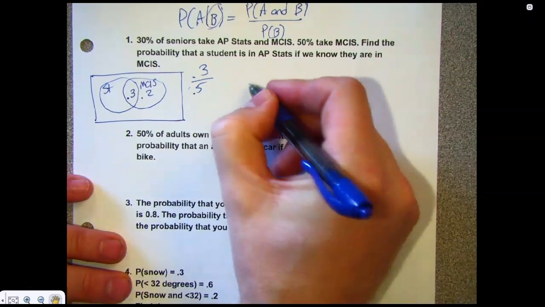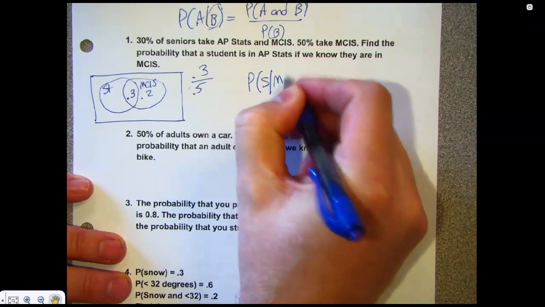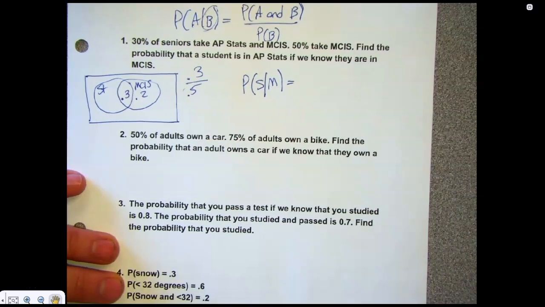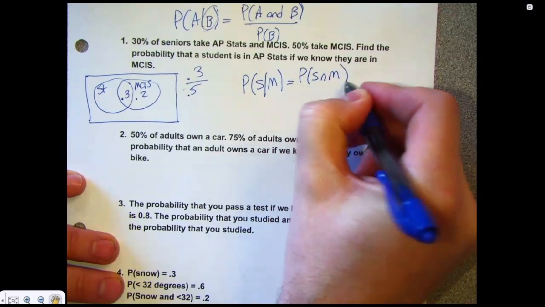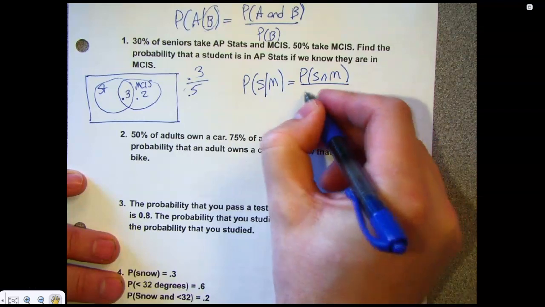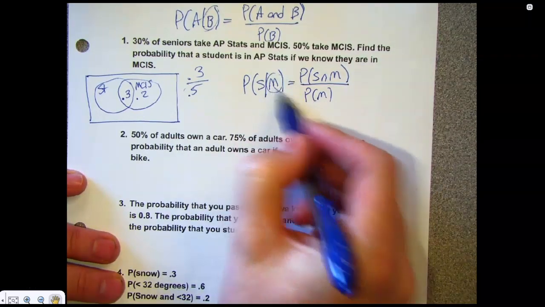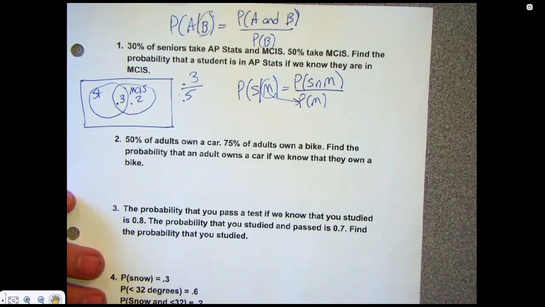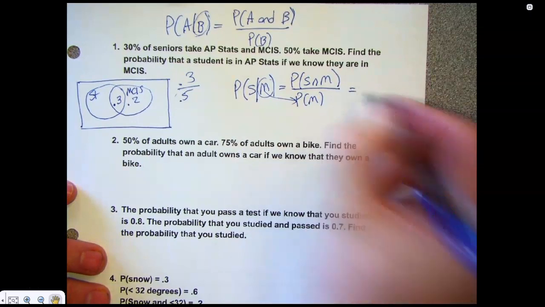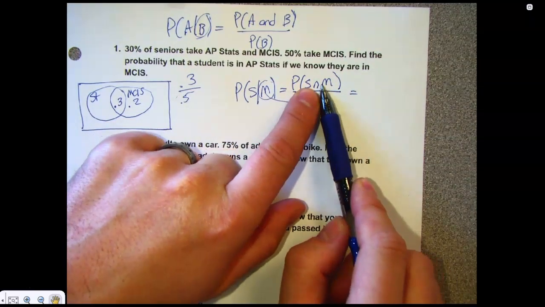If I use the formula, I would say, what's the probability they're in stats given that they're in the MCIS? That would be the probability of stats and MCIS divided by the probability of MCIS. So whatever is the given is what goes on the bottom. Well, if you start plugging in those numbers, what's the probability they're in stats and MCIS?